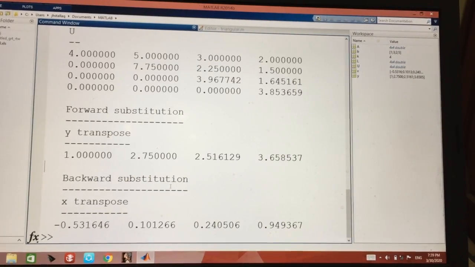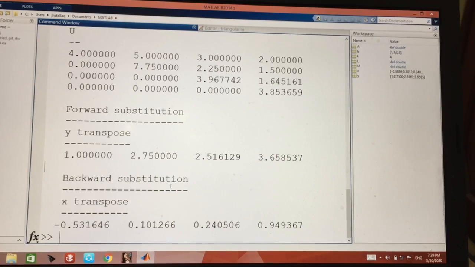So it should be y2 minus, then we multiply u23 times x3 and u24 times x4. Let's go back again. So what we need is y2 minus u23, x3 we know it, minus u24 for x4 now we know it, okay?